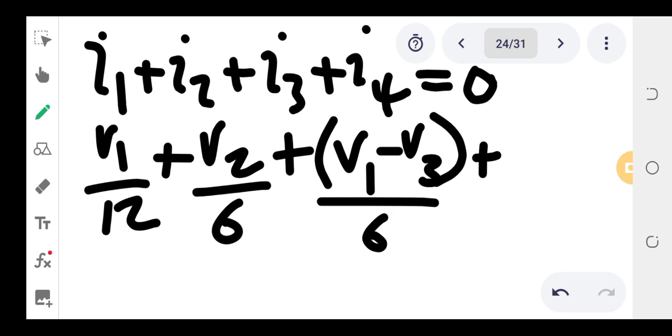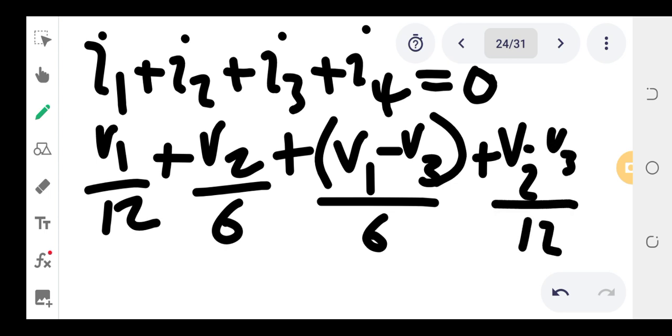I4 is coming from V2 going to V3, meaning V2 is at higher potential and V3 is at low potential. So this is equal to V2 minus V3 over 12. So all this is equal to 0.